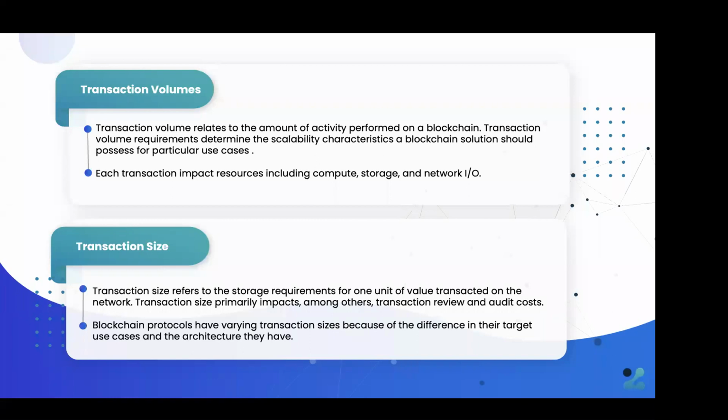Of course, the core payload would depend upon your business use case implementation. It'll remain all the same for all the protocols, but yes, some sort of size would vary based upon what protocol you are consuming: R3 Corda, Hyperledger Fabric, or Hyperledger Sawtooth, or any other, Besu, maybe other enterprise blockchain protocol.